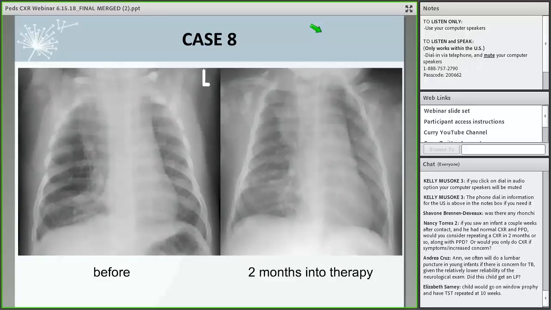So even several weeks into therapy, just gradually I could hear more and more breath sounds on the right side. She was gaining weight, her temperature resolved, and she just did amazingly well. Just remember, if you're in this situation where you're using corticosteroids, ideally you're doing this with the help of someone who does a lot of pediatric tuberculosis.